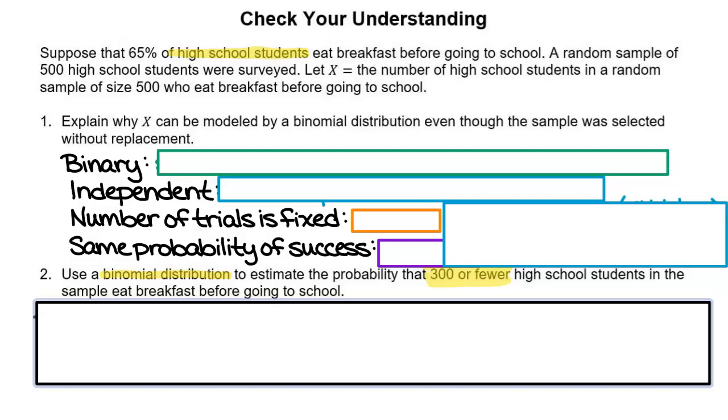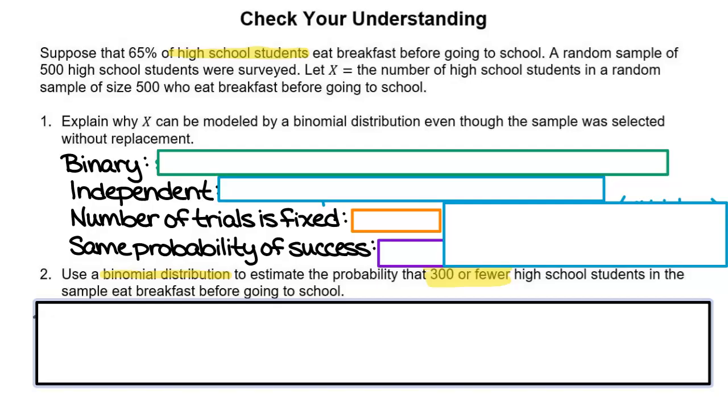So what do we need to check to make sure it's binomial? So go through and check things. We know we're doing this without replacement, but there was something that we talked about up here that we can use even when we're not sampling without replacement. That's a good question.